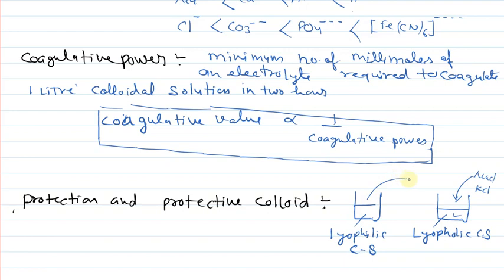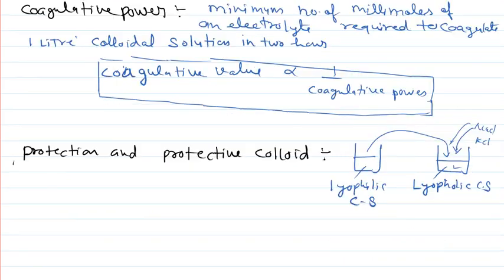If a small amount of lyophilic colloidal solution is mixed in lyophobic colloidal solution, now on mixing electrolyte, lyophobic does not coagulate. We can say lyophilic colloidal solution is protecting lyophobic colloidal solution from coagulation. Therefore, lyophilic colloidal solution is called protective colloid, and this process is called protection. How can we define it?